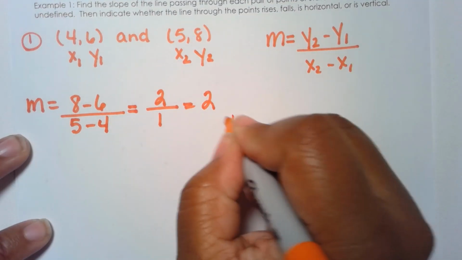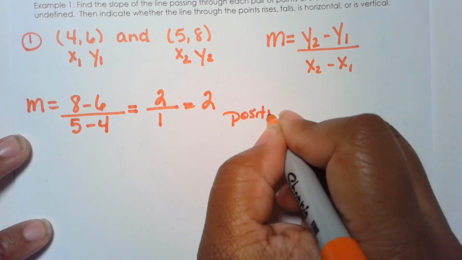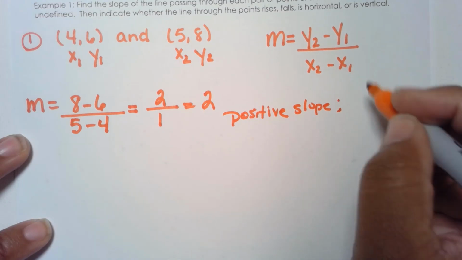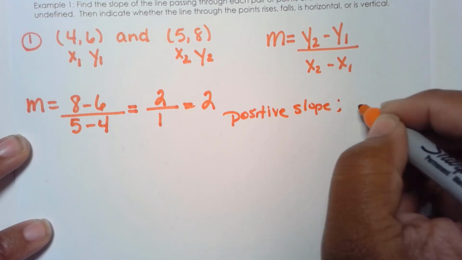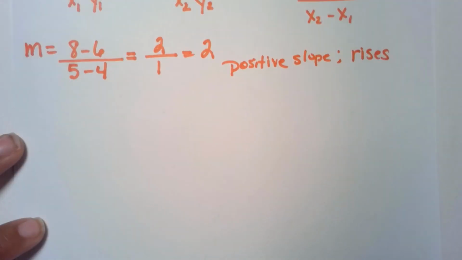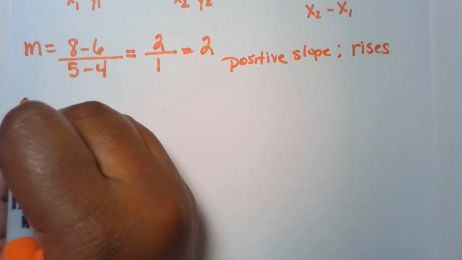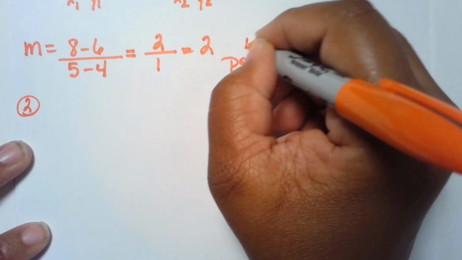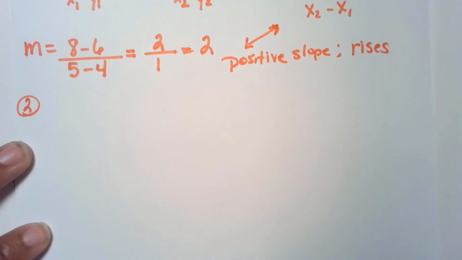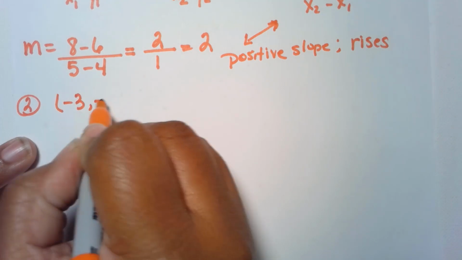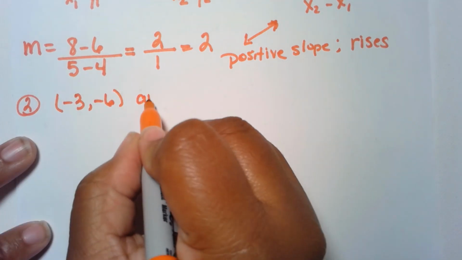So this slope is a positive slope, in which we will have a line that rises from left to right. It will look something like this for the number one example.